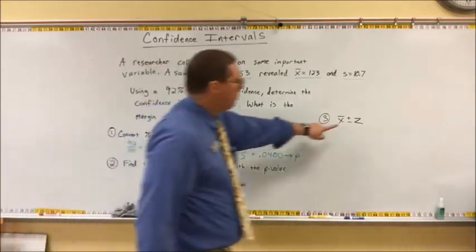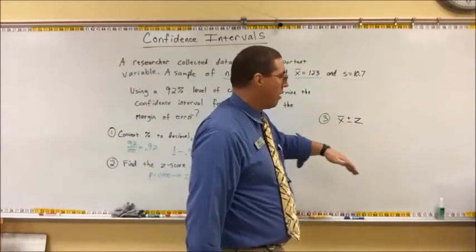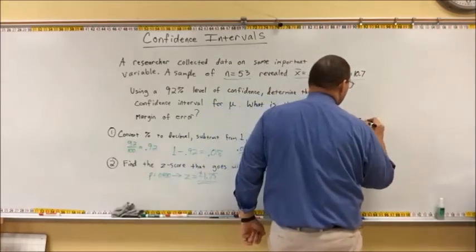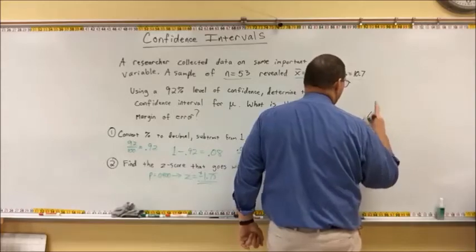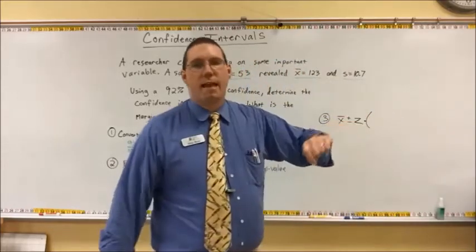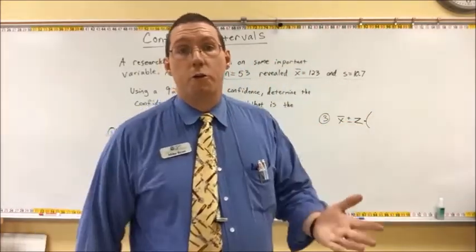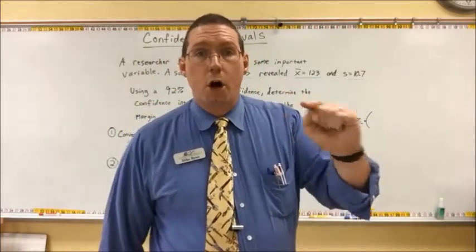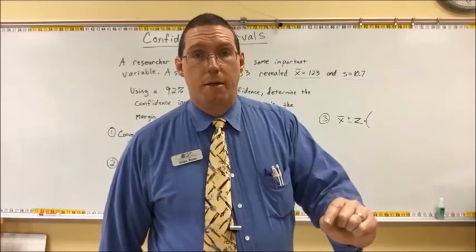So you're not going to put plus or minus plus or minus. That doesn't make any sense. We're just doing plus or minus z times a standard error. Now, do you recall that standard error is a standard deviation over the square root of the sample size, right?